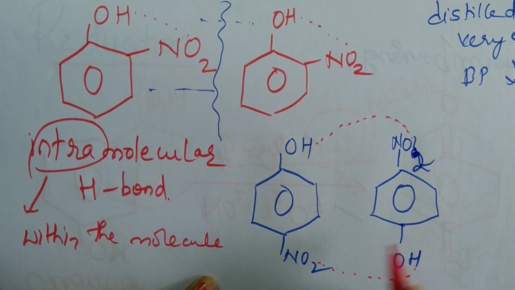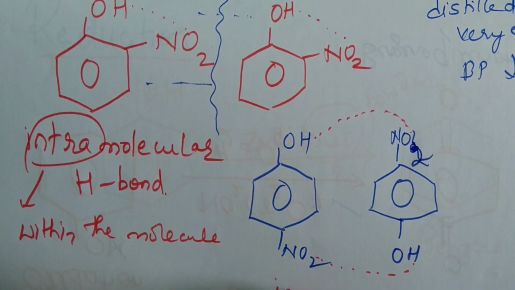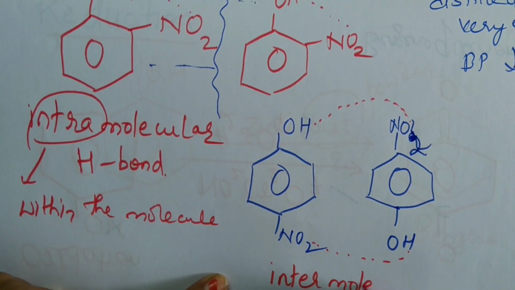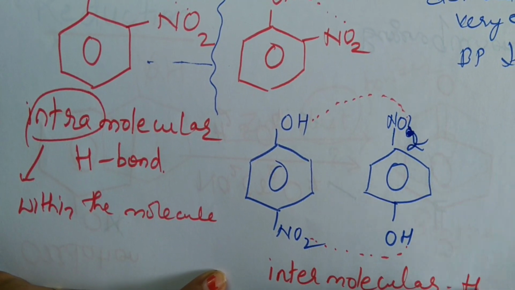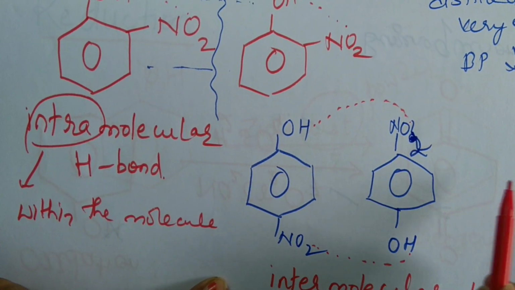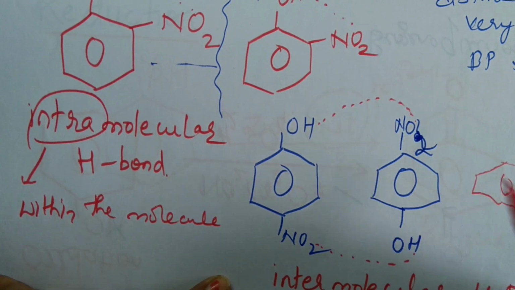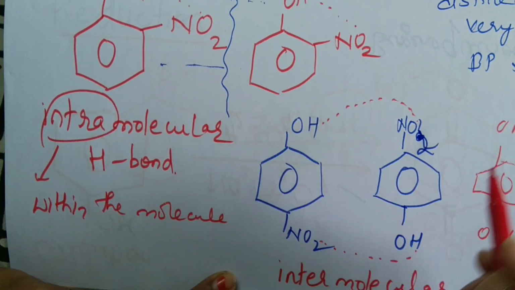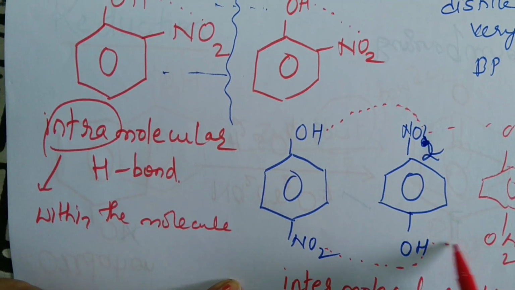So this kind of bonding is called intermolecular hydrogen bonding. So there is a bond between two different molecules, n number of molecules. Again I have another molecule here. I will write NO2, OH here. Again a hydrogen bond is formed.